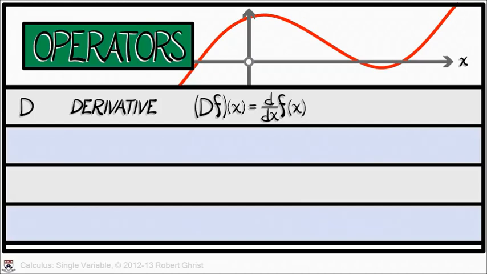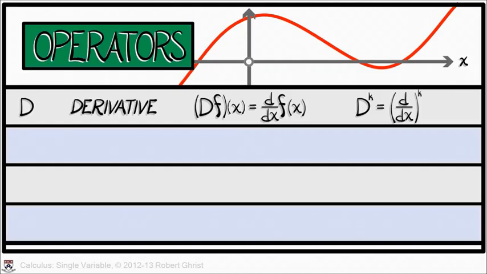Now, what's so special about this? Well, operators have an algebra associated with them. For example, we can take D and raise it to certain powers. We can talk about D squared as meaning we apply D twice. You take the derivative, then you take the derivative again. So the operator D squared is really taking the second derivative.